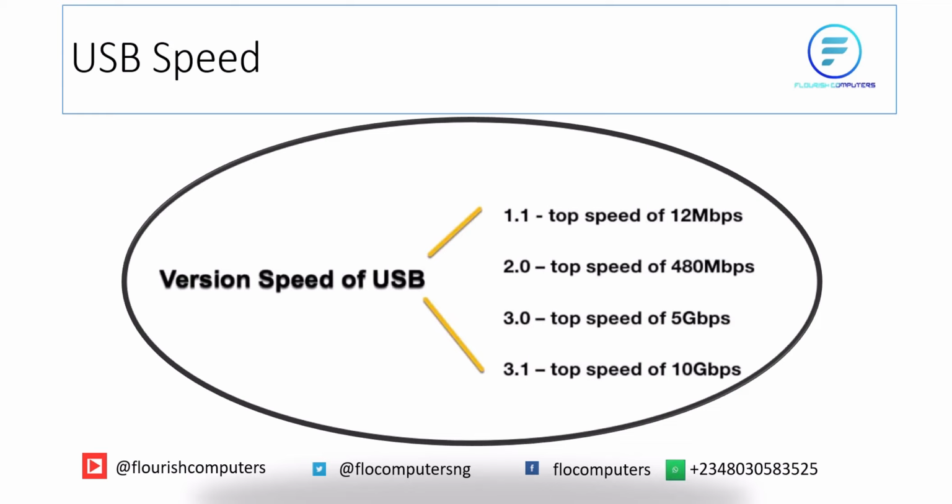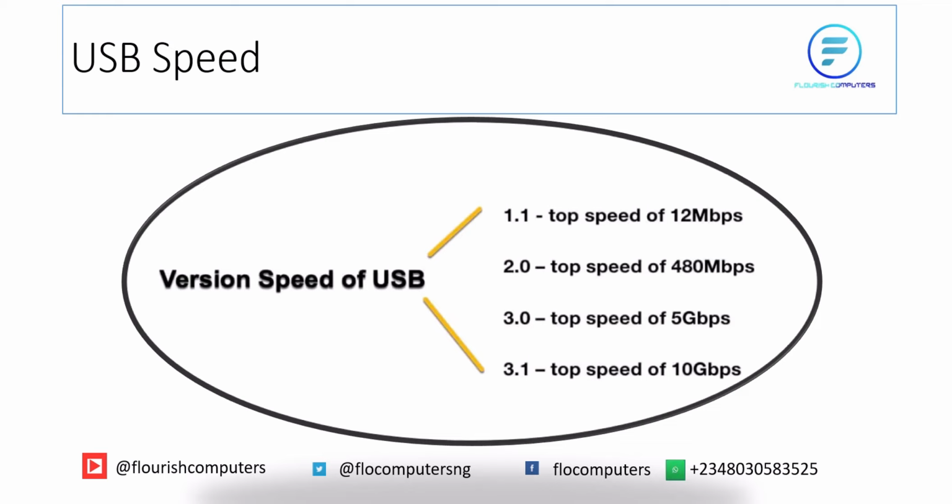You know what happens? If you have an external hard drive that is 1.1, the manufacturer has put it there that this USB port design on this hard drive is 1.1. And you have another external hard drive that they have written 3.0 as a speed there. And you have a file of 100 gigabytes to transfer from your laptop.